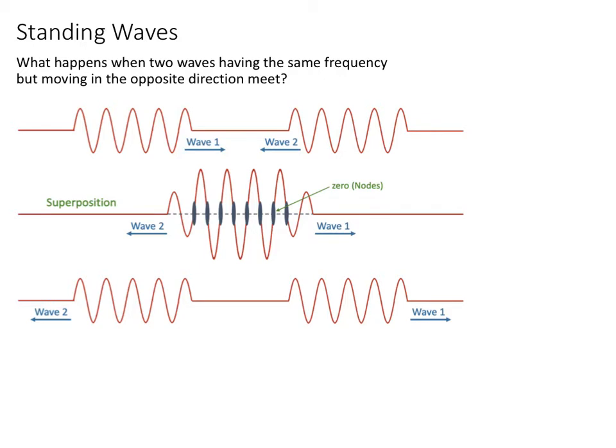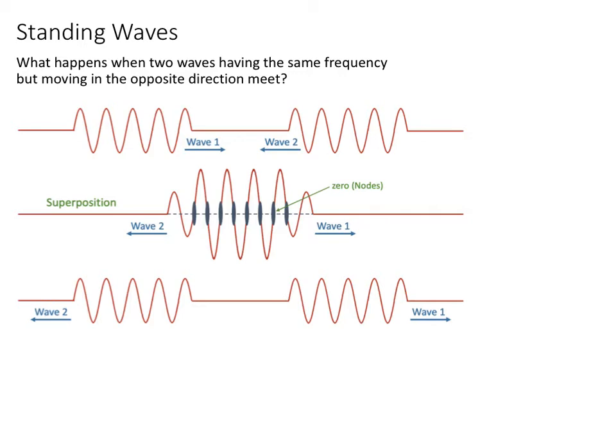So I have places here where the displacement from equilibrium is 0, and then I have these places that are going to oscillate up and down very quickly with whatever the frequency is. And then when they're finished, they pass through each other.